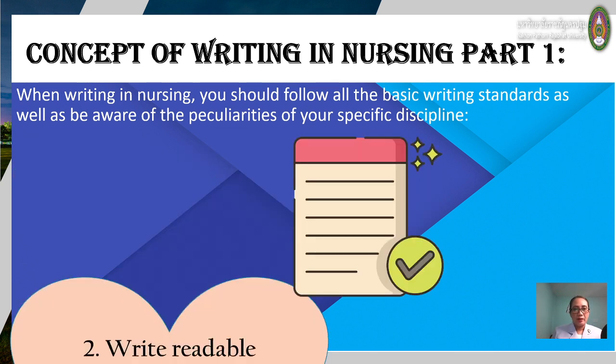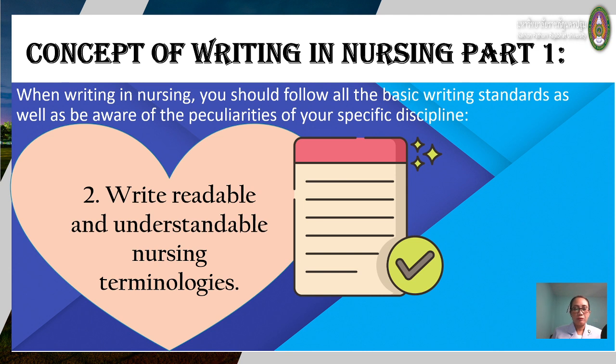And second, we should write readable details with easy-to-understand terminology. In nursing, we have different terminologies that sometimes would confuse other people at work because they're not familiar with them.